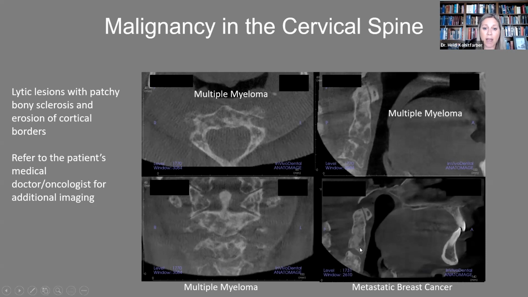Some of these patients knew they had something, such as multiple myeloma. One patient had a history of breast cancer. But you see this patchy bony sclerosis with loss of cortical borders, and that should be a red flag to us that we have these multiple lytic lesions with that patchy bony sclerosis. Unfortunately, we are seeing that quite a bit.